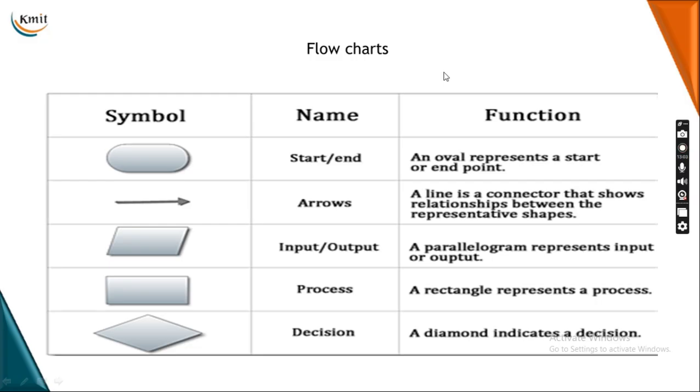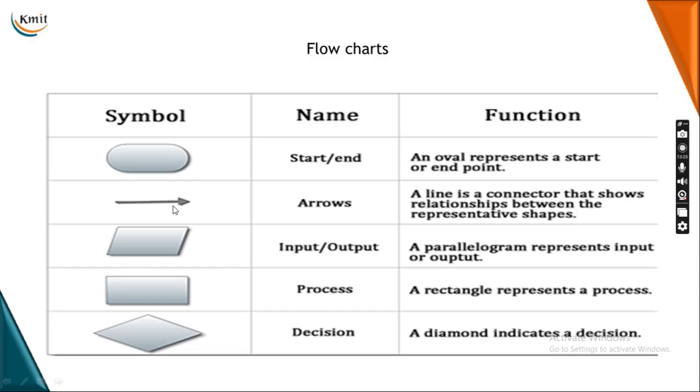How to draw flowcharts, and what representations we need to follow in order to draw flowcharts for writing a program. For start or end, we have an oval representing the start or end point.